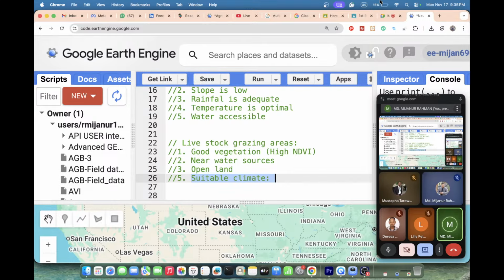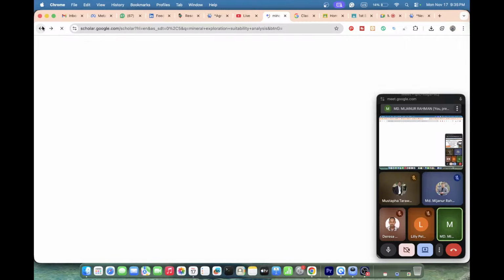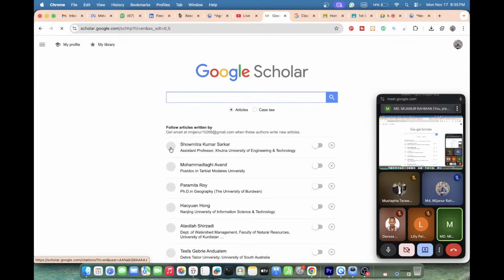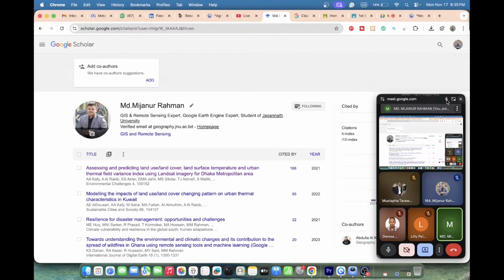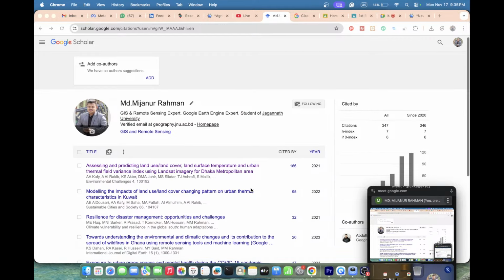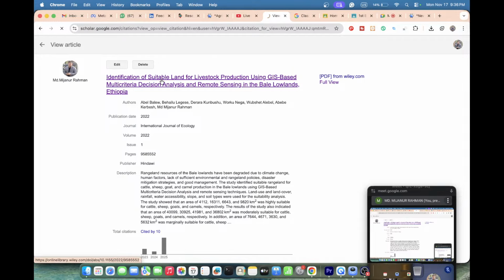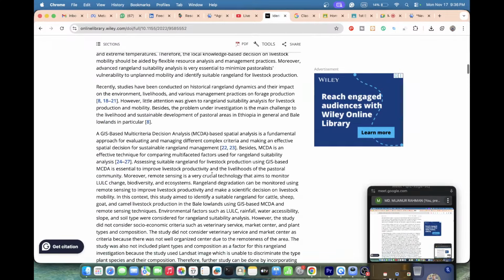So in this I already showed you this paper. This paper works with livestock, with the same process, to identify water suitability or accessibility, or high NDVI places.